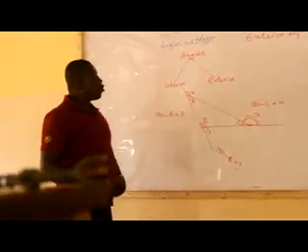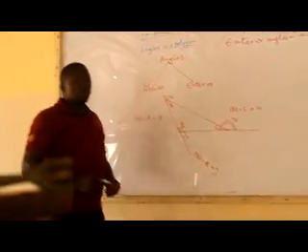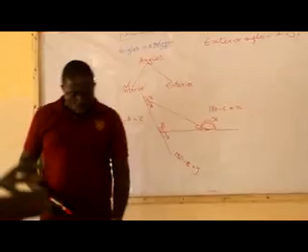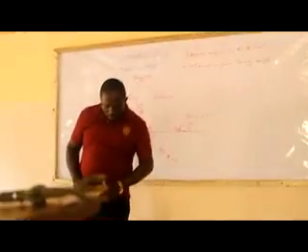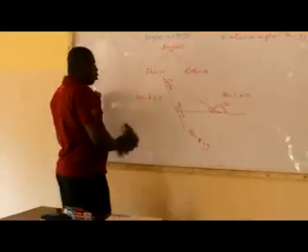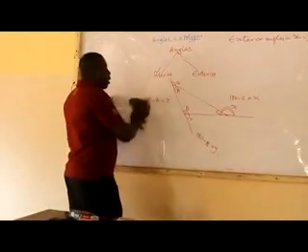So we are going to start with the first one we mentioned, the sum of the interior angles in a polygon. To find the sum of interior angles in a given polygon, we are going to use a particular formula.